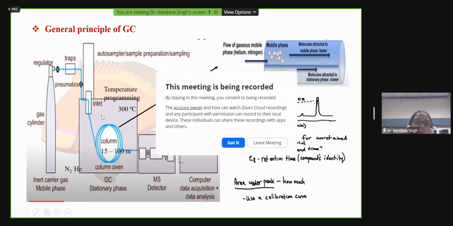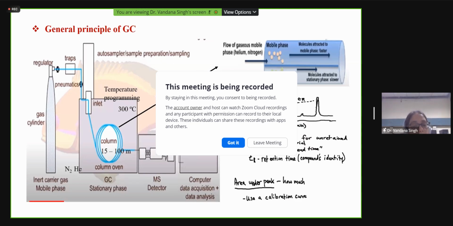There are also packed columns, but nowadays most of the time the column used is the capillary column, which is more efficient and gives high resolution and better separation. The column length can be 15 meters up to 100 meters, based on what we want in our separation.